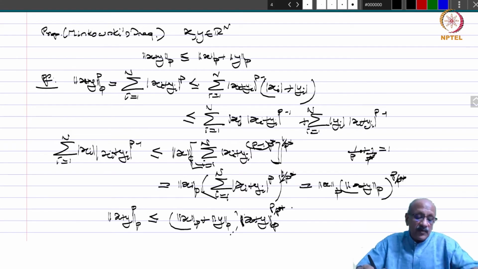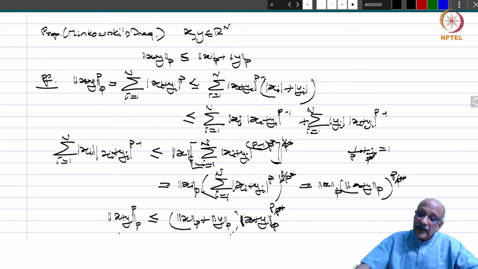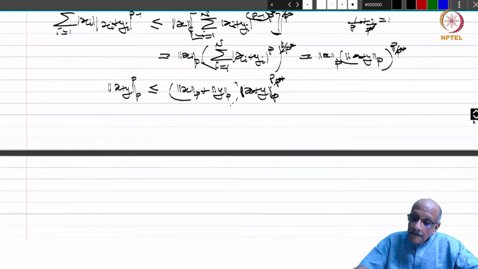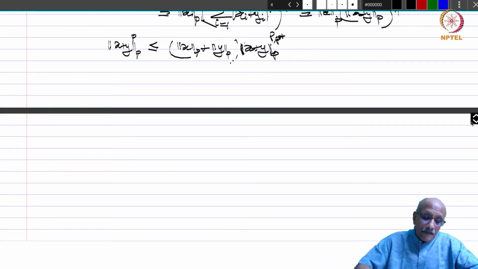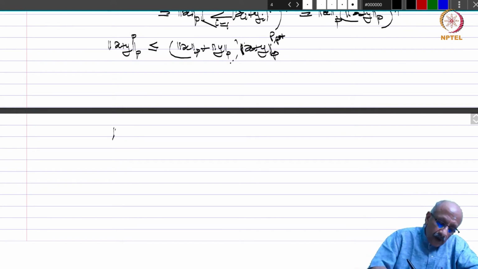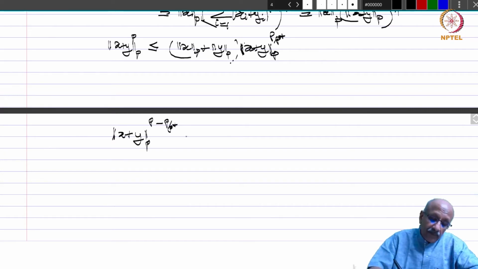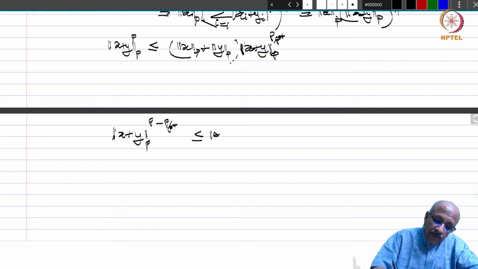Now if x plus y is 0, again we have nothing to prove in Minkowski's inequality. Left hand side is 0, right hand side is non-negative, so it's obviously true. So if x plus y is not 0, then we can divide by this, and therefore you will get norm of x plus y, p, to the power p minus p by p*, is less than or equal to norm of x_p plus norm of y_p.